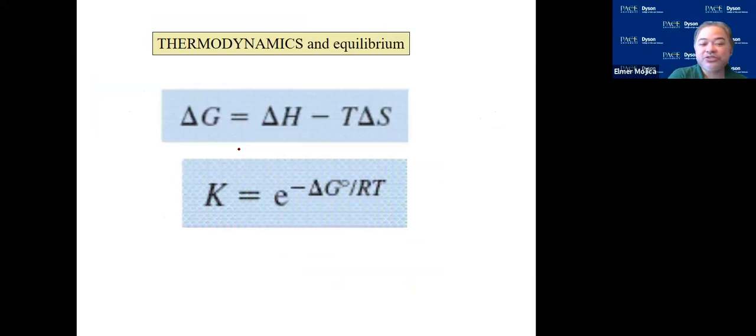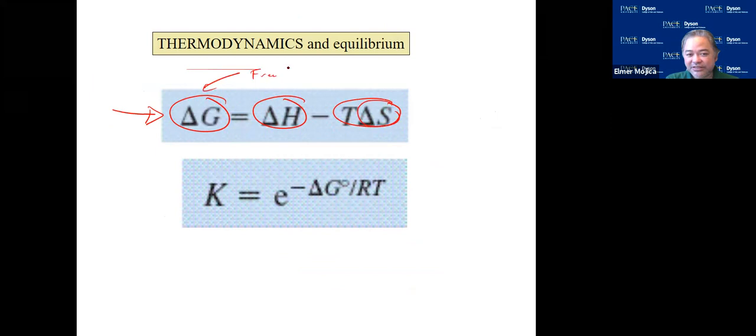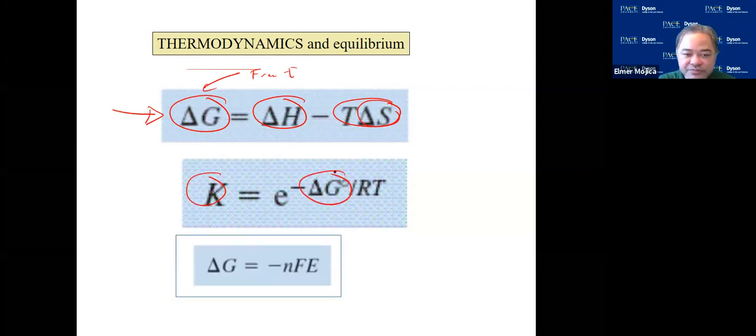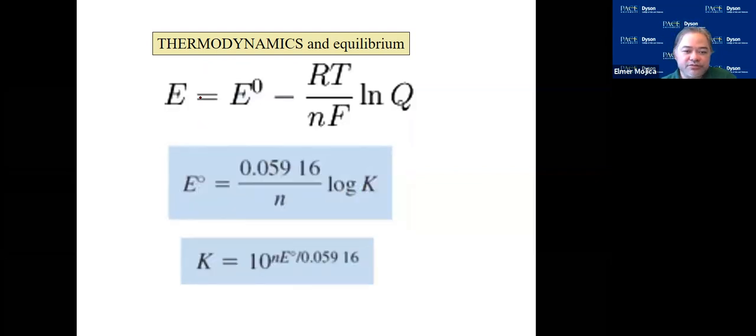And if we're going to look at the thermodynamics, so we have this: how delta G is related to delta H and delta S. So this is the free energy that we were discussing earlier. And how we relate K with the delta G. And how we end up with this. So if we go back to what we have before, usually if your Q is equal to the K, what does it mean?